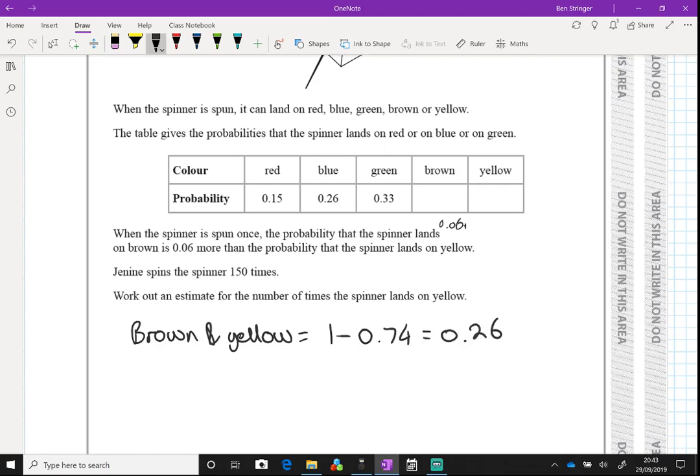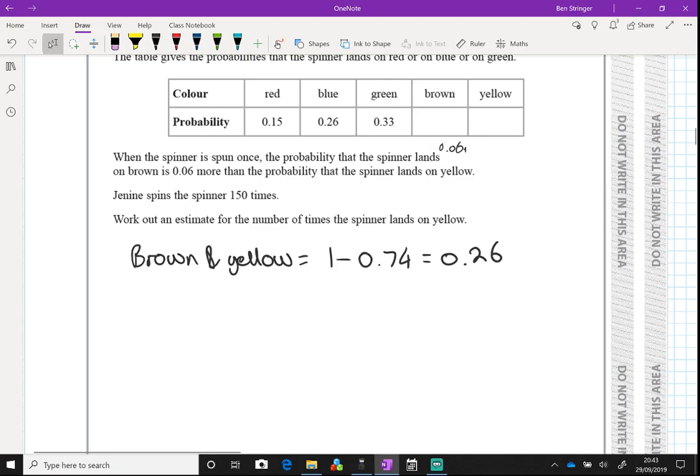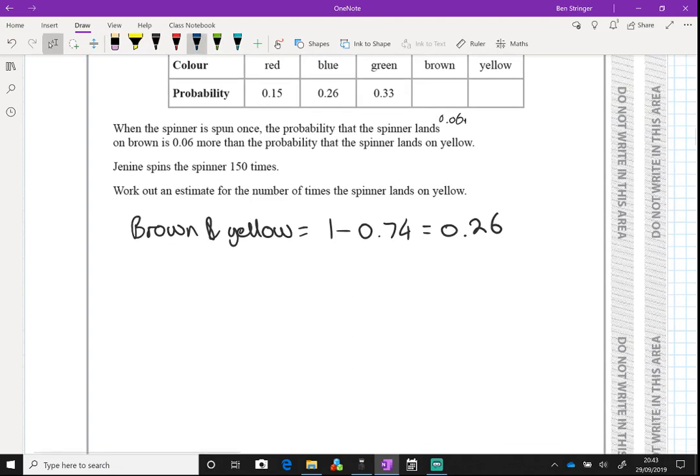So the brown and the yellow together is 0.26. However, we are going to need to do something with this, because you can't just half it and get 0.13, because that would be equal. So here's my recommendation for something like this. I've got 0.26. If I divide it by 2, I get 2 groups of 0.13.